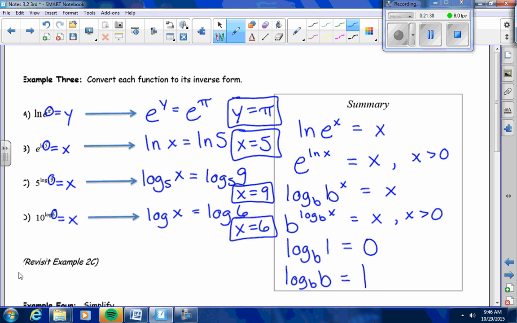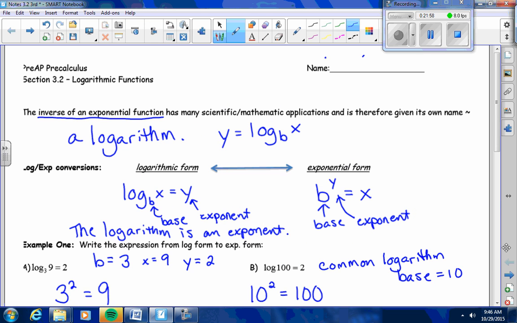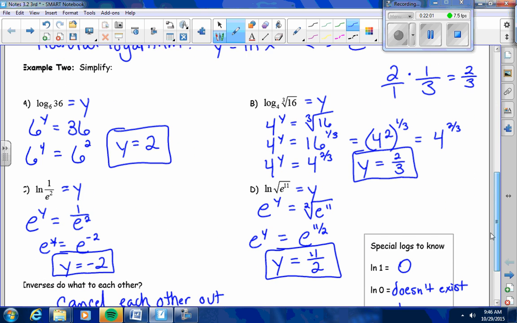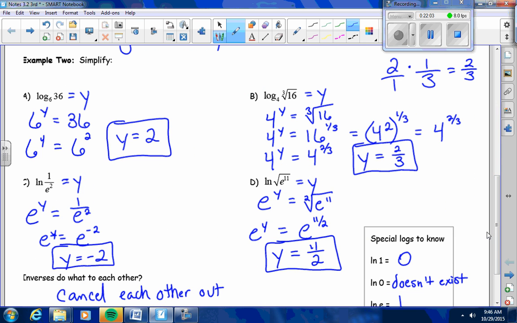Now, let's go back and revisit example 2c. So flip it back over to example 2c. If you're looking at example 2c, the natural log of 1 over e squared, which could be written as natural log of e to the negative 2 equals what?